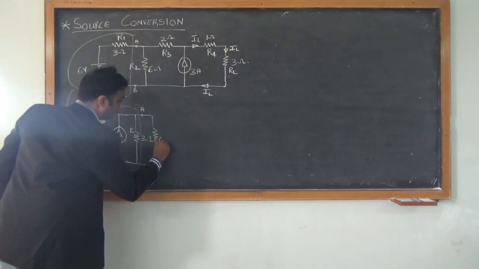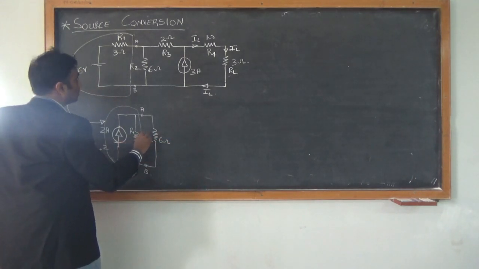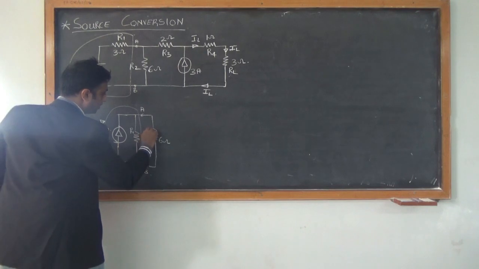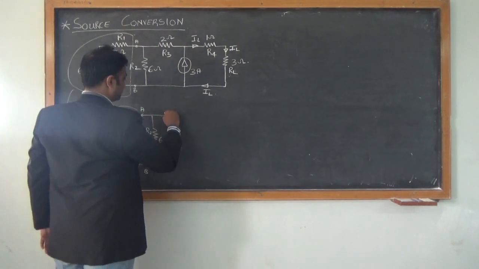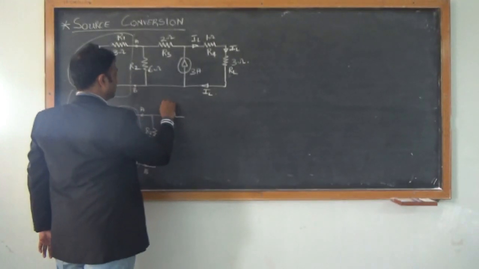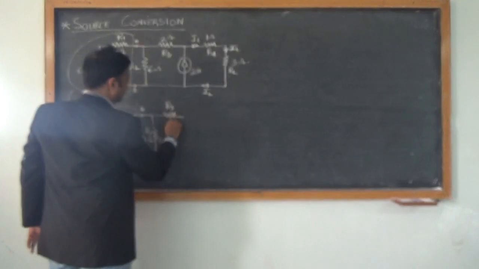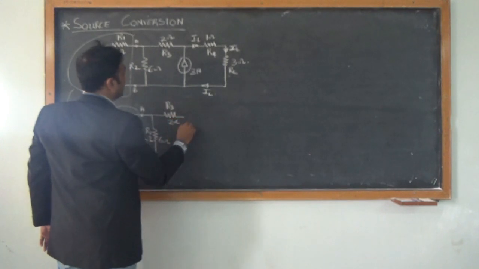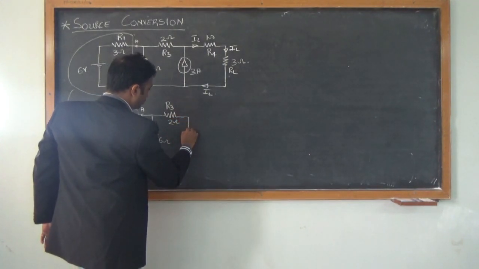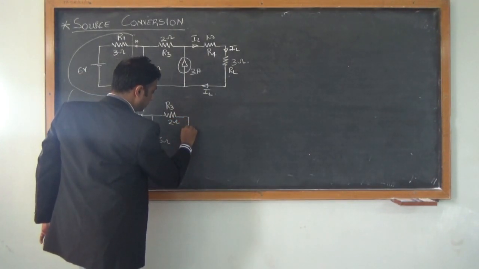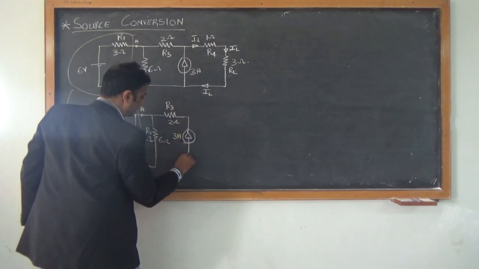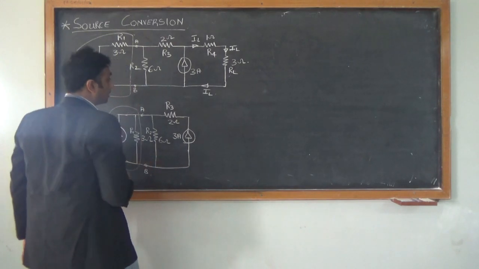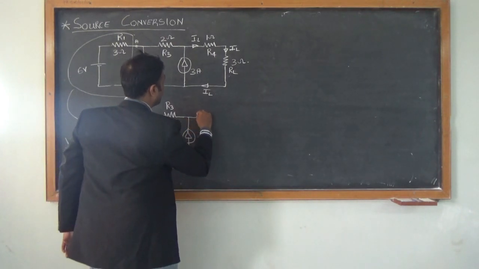So this is 6 ohms. This will be my R2. Then I have my R3, which is 2 ohms. And always make it a point to draw your whole circuit, otherwise you may end up skipping some parts, thereby making your answer wrong.